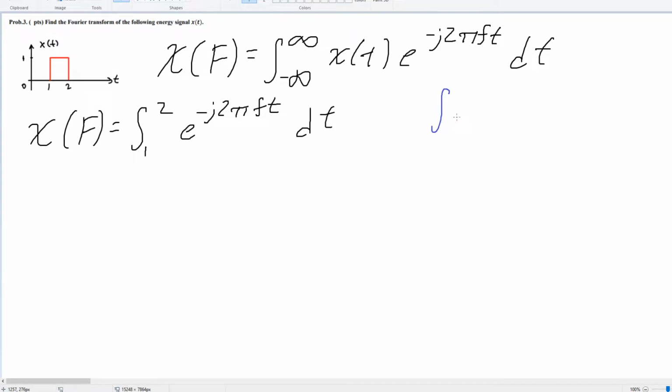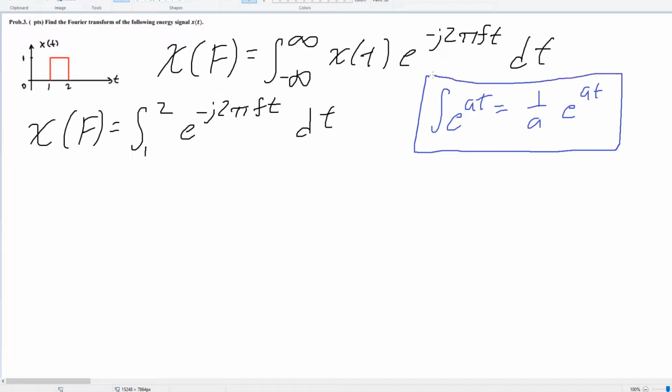So you have the integral of e to the at, which is equal to 1 over a times e to the at, right? So this is just a general formula, and we're going to use that here. This negative j 2 pi f, all of these numbers are going to be treated as a constant a.